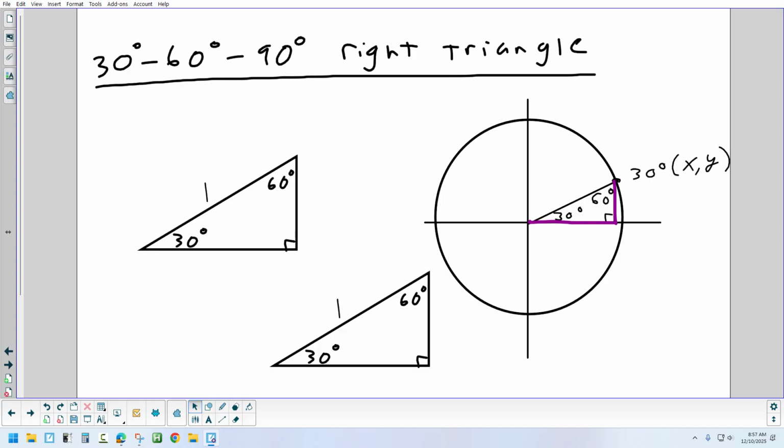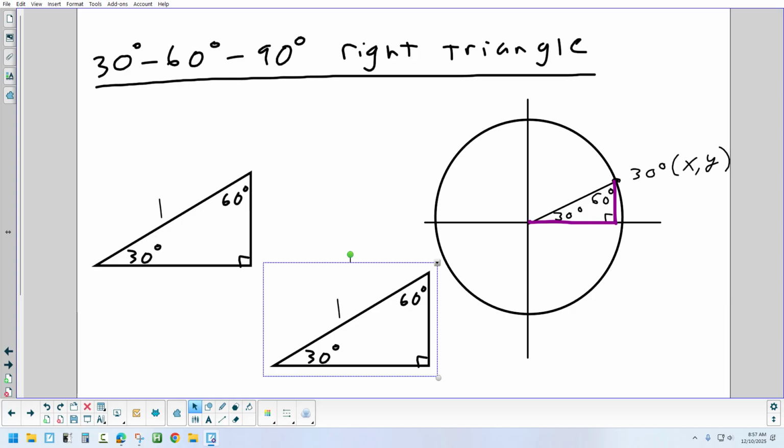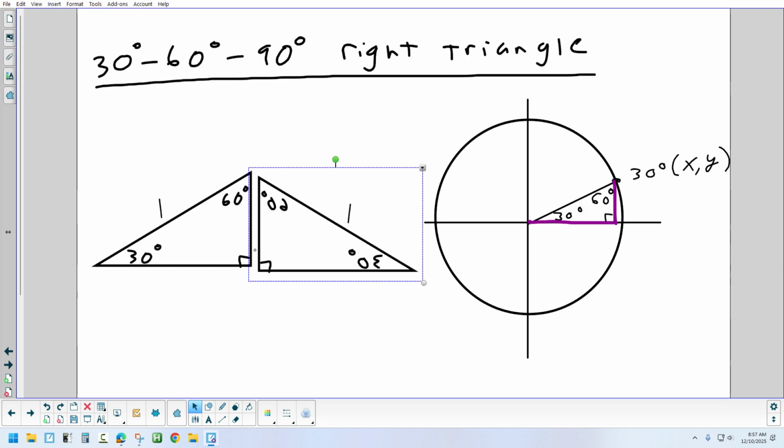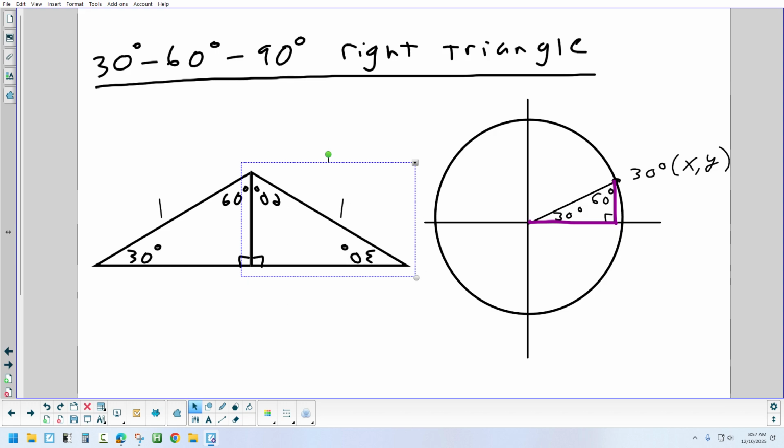If you take the second triangle and you mirror it, it would be mirrored left to right. Okay. And then you put the vertices, the 90-degree angles, up against each other, and it creates a triangle with two equal sides. Yes, it does. So what would I do from there?